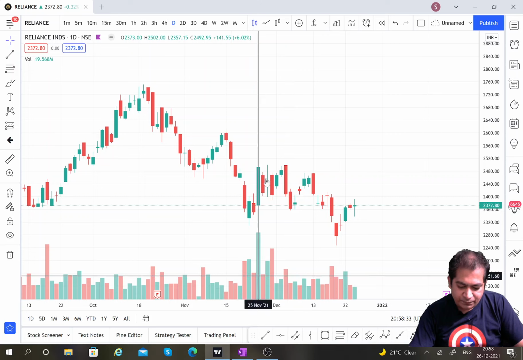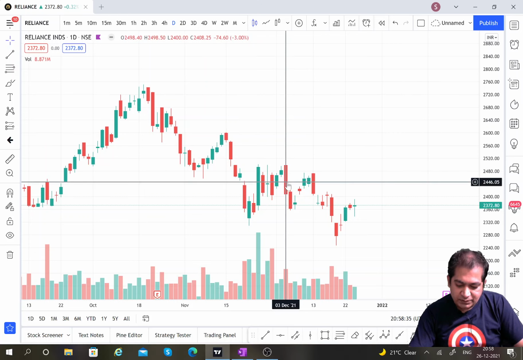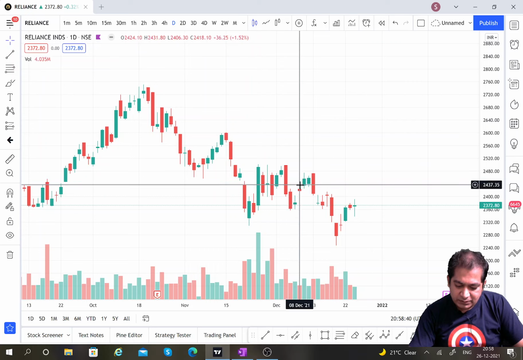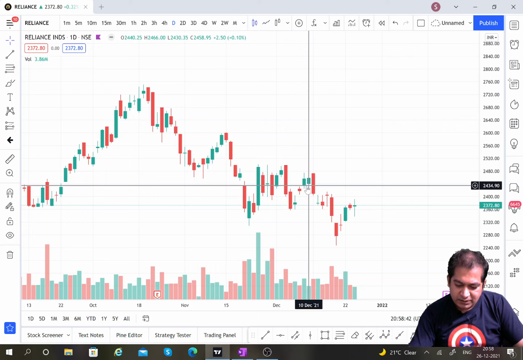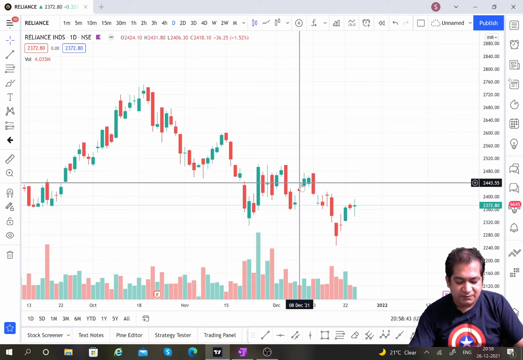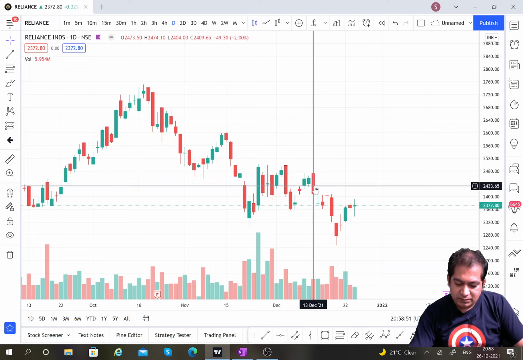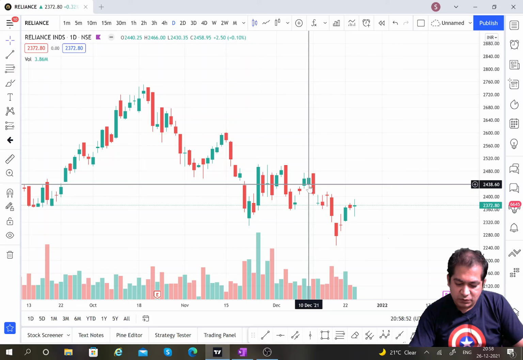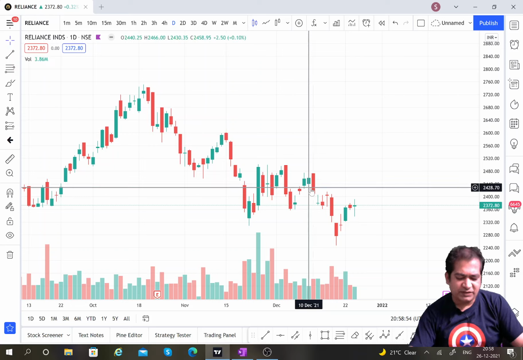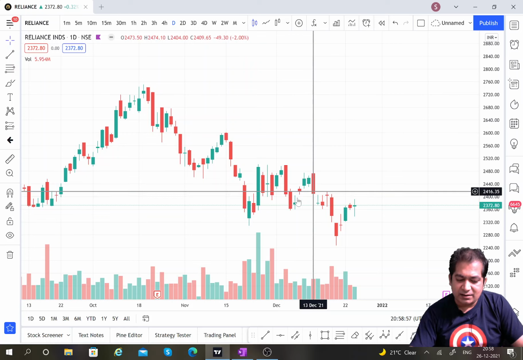It is 3rd December, then 6th December, then 7th, 8th, 9th, and the 10th must have been Saturday and Sunday. Then after the 10th you have the 13th, so the 11th and 12th must be a Saturday and Sunday. So that is the 1 day candle you have seen.